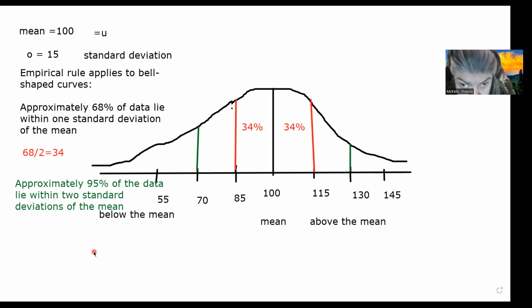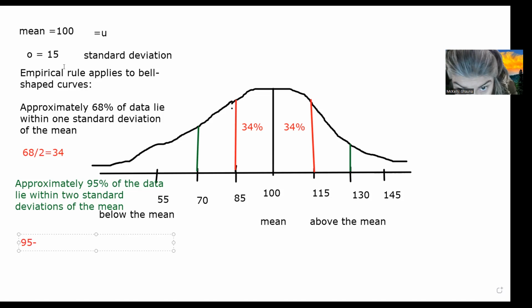Well, I know that I have 95, right? So I take 95 and I subtract this red piece out, minus 68.